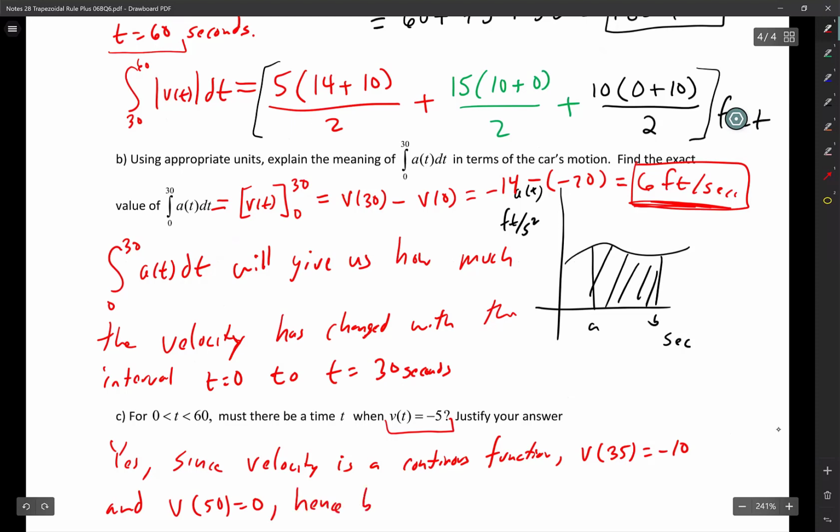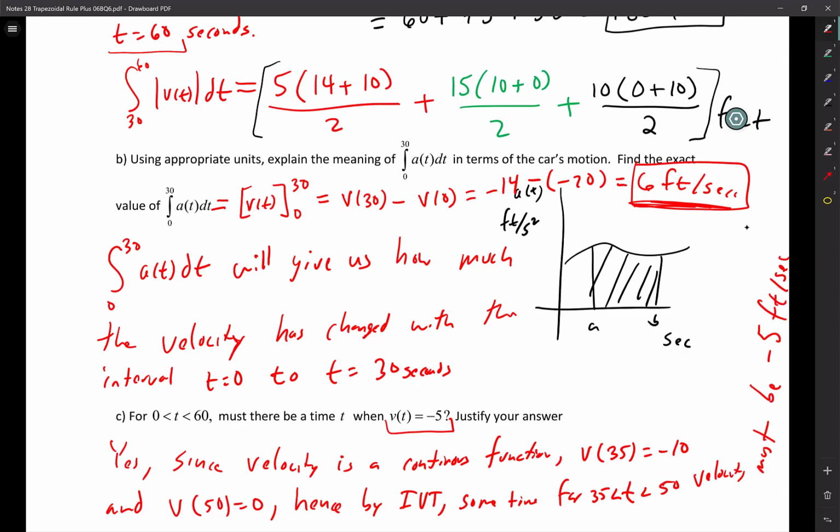Hence, by IVT, comma, sometime for t between 35 and 50, velocity must be negative 5 feet per second. There it is, full credit.